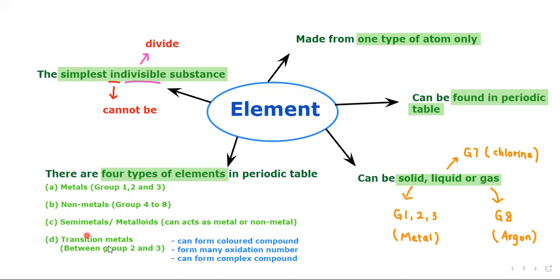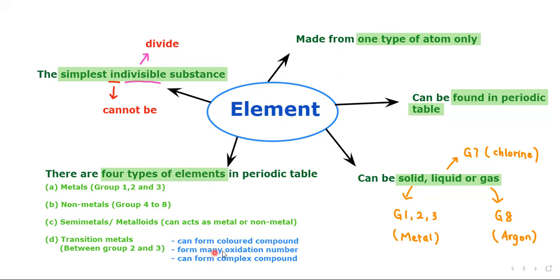As for transition metals, they are in between group 2 and group 13. These transition metals have 3 properties. They can form colored compounds, with more than 1 type of color when they have different charges.